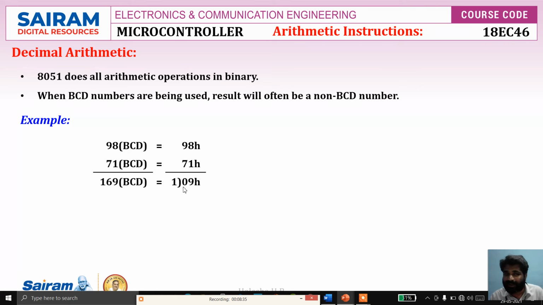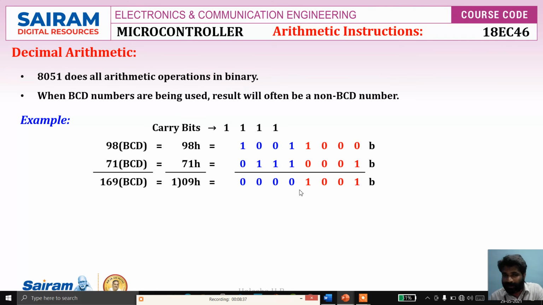That is why we add 6 to the upper nibble. So it is in binary. Since the carry flag is set to 1, even though it is BCD, the result is not right. So actually the microcontroller gives us 09 with C equal to 1. Since the carry flag is set to 1, we add 6 to the upper nibble.